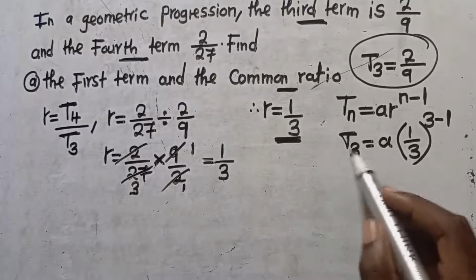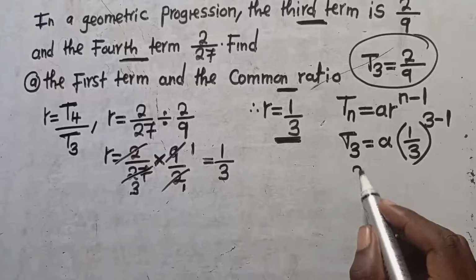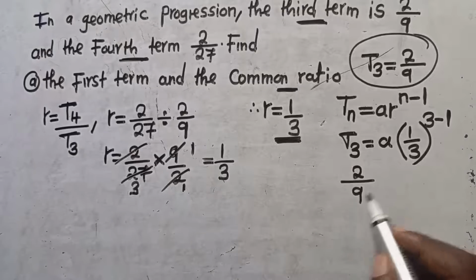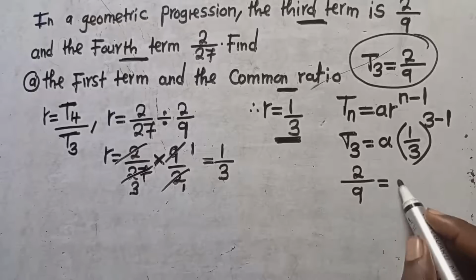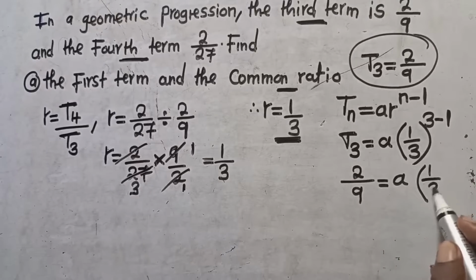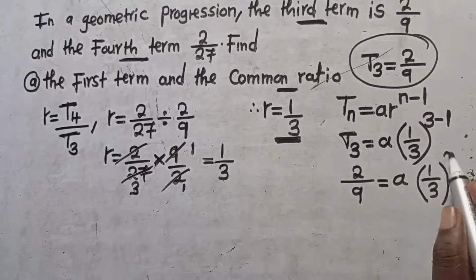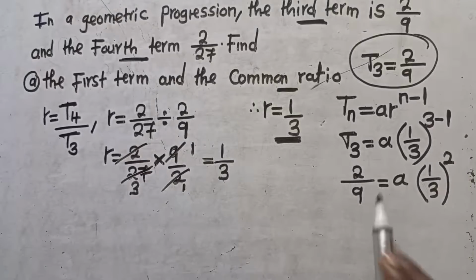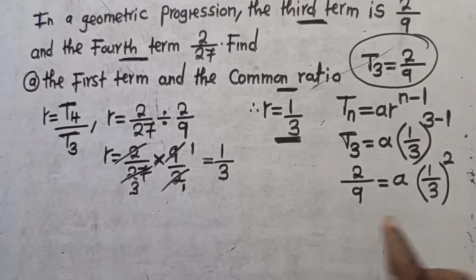So I know the third term. What is the third term? 2 over 9 is equal to a times 1 over 3 to the power 2. If you want, you can use the fourth term. You are still going to find an answer. So this is another way in which you get to answer these questions. You only do it like this, the way I've done here, if you are having consecutive terms.